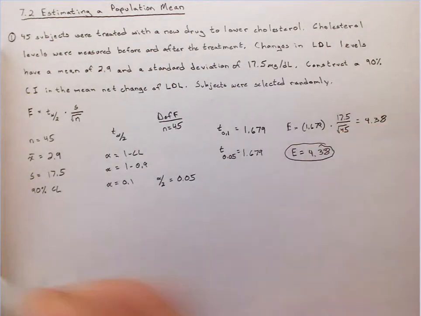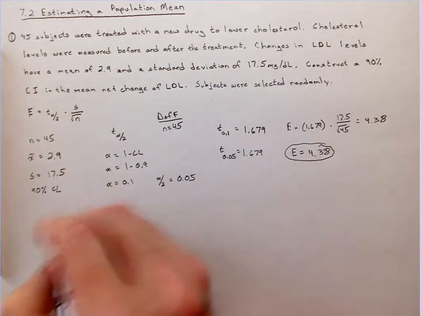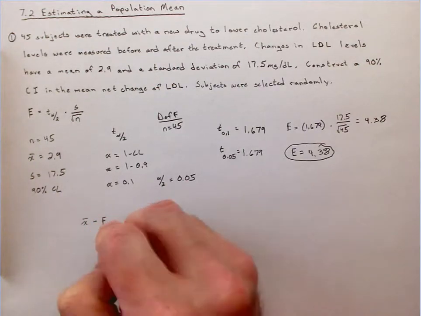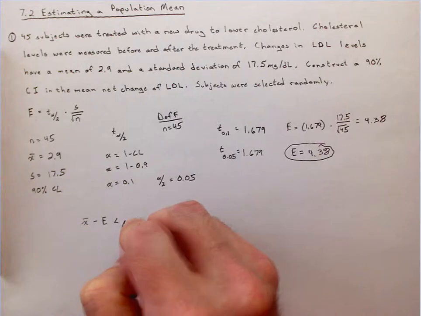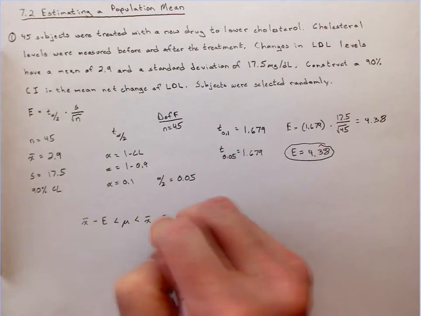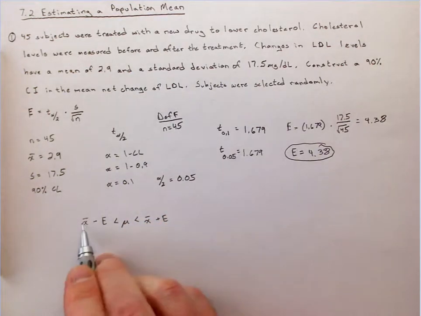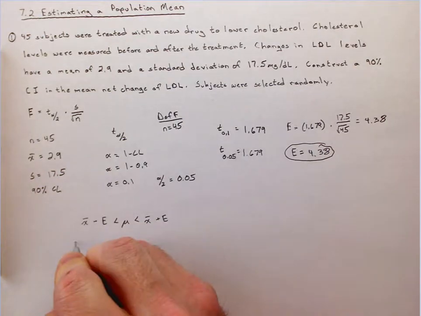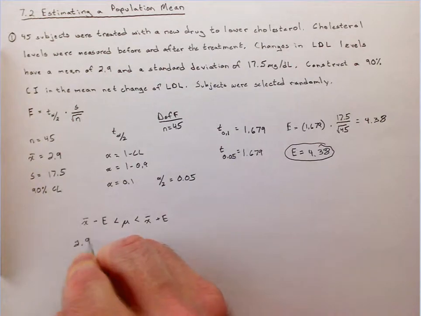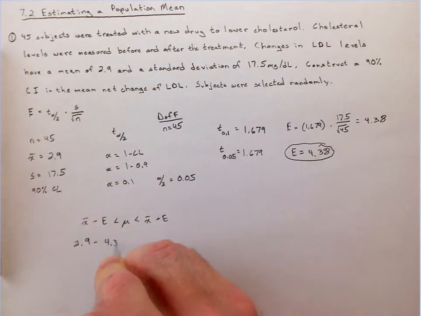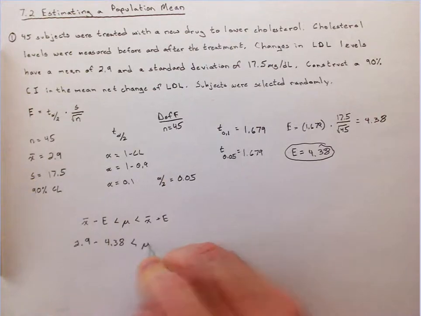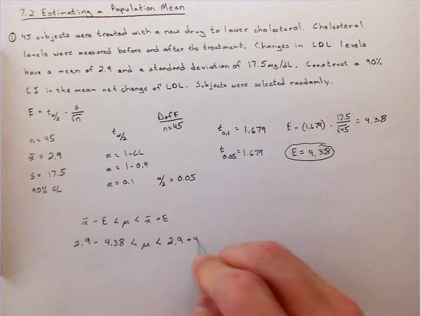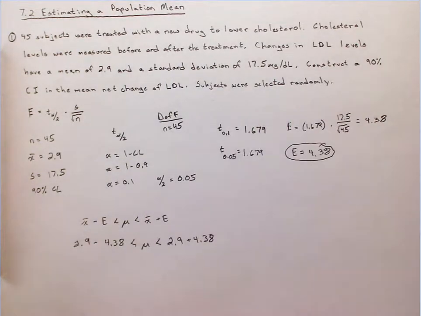And then I set up my confidence interval. I have x bar minus the margin of error and the mean plus the margin of error. Sample mean, population mean. Let's calculate.